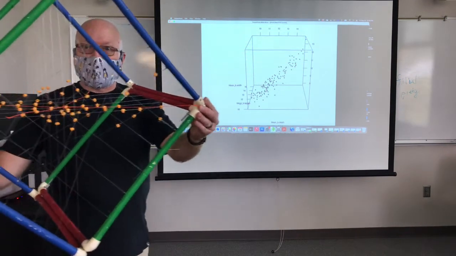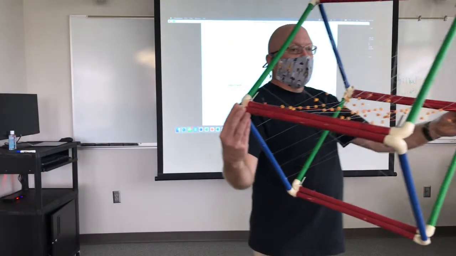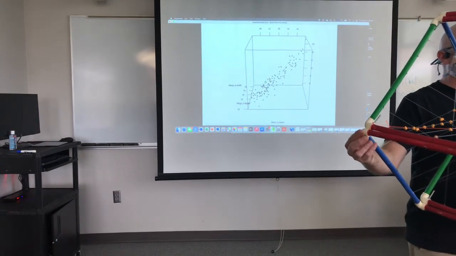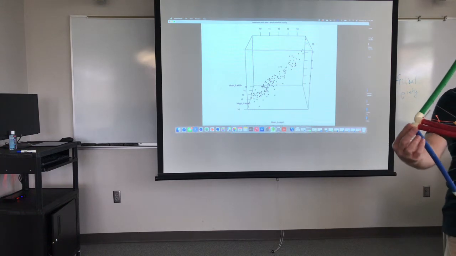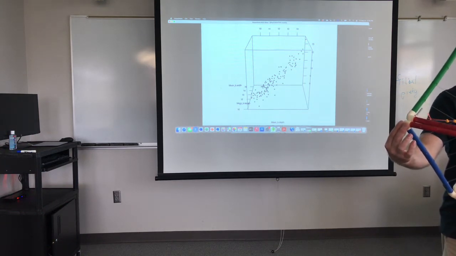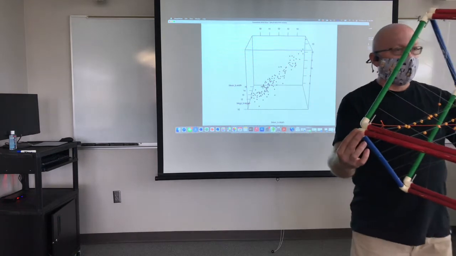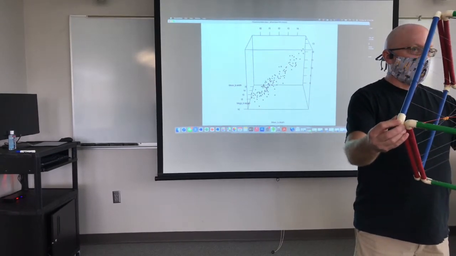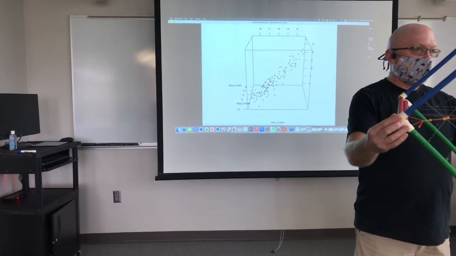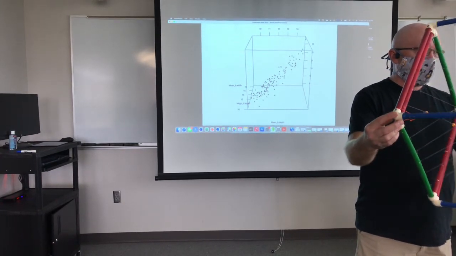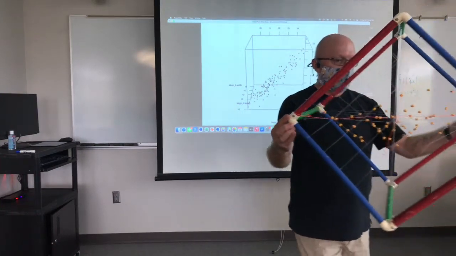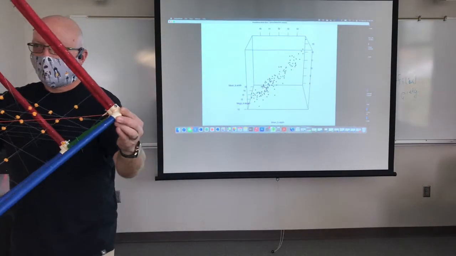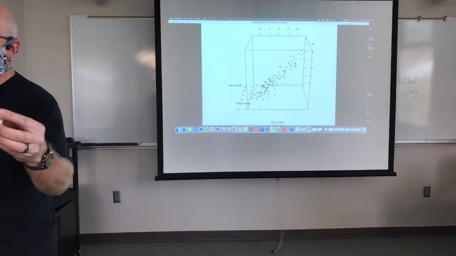So now we have this new x-axis, but watch what happens to the spread of the data, the variation in the data, as I spin this box around the x-axis. What's happening to the variation?